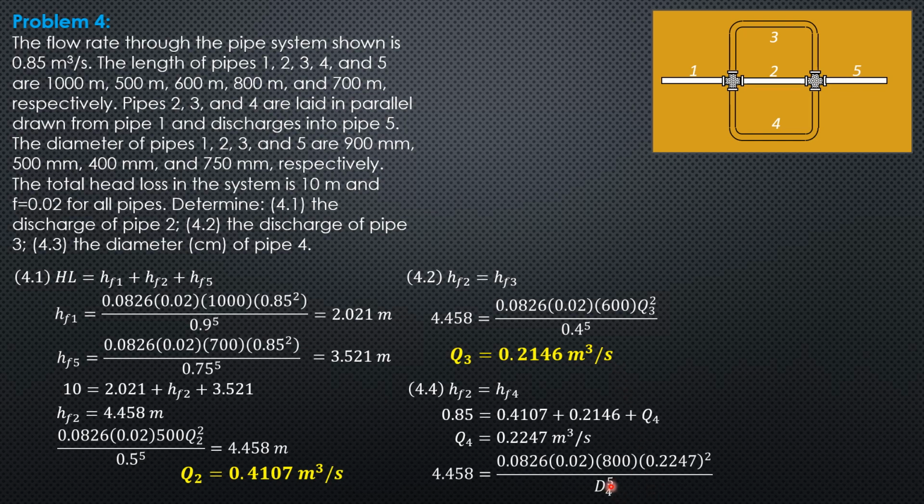So diameter of pipe 4 is the quantity 0.0826 times 0.02 times 800 times 0.2247 squared divided by 4.458, then everything raised to 1/5. So the diameter of pipe 4 is 0.4316 meter, or in cm, 43.16 cm. So that's it for this problem.